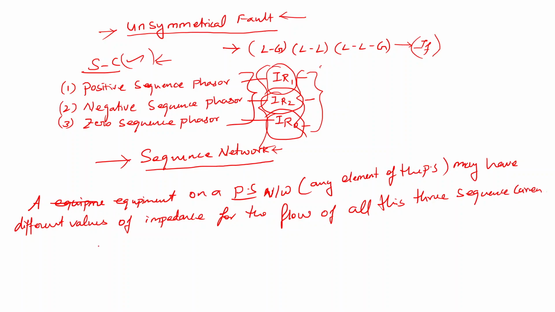So for example, a transformer in the power system network may have different values of impedance for positive sequence.